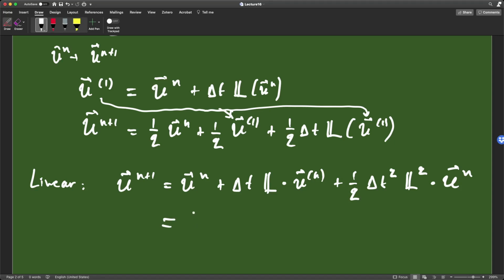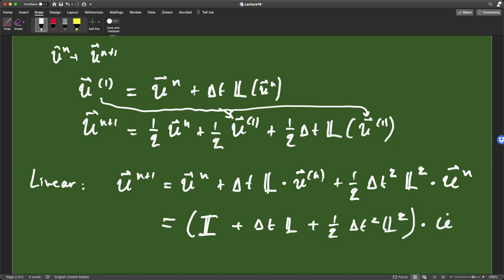That will leave us with a unit matrix plus delta t times L plus 1/2 delta t squared L squared. So this is some matrix dotted onto the vector un.